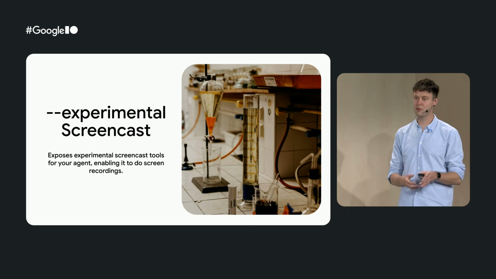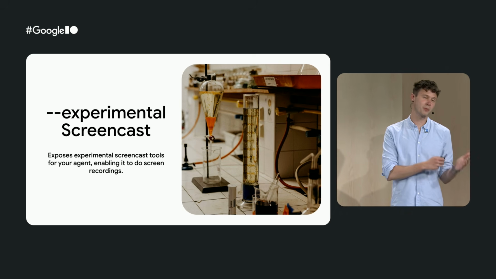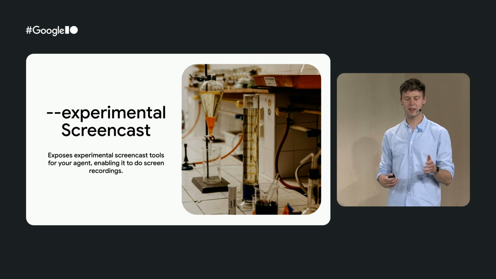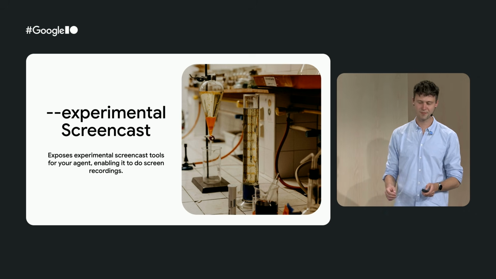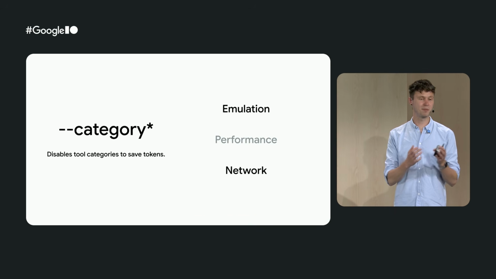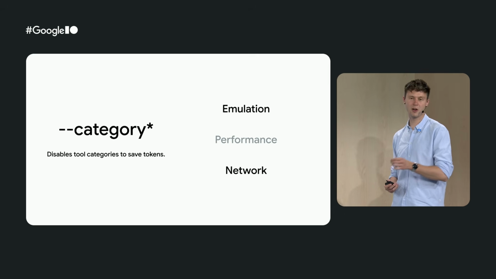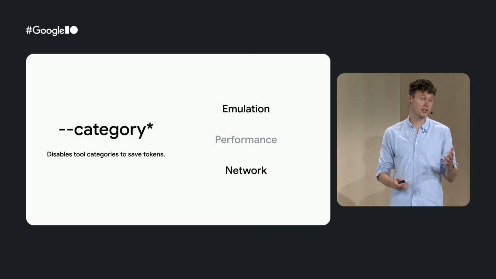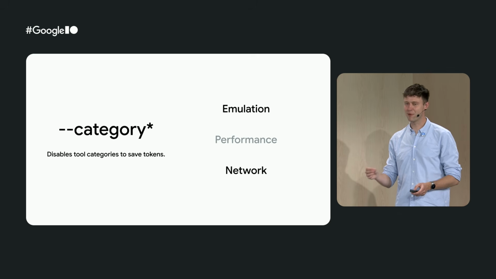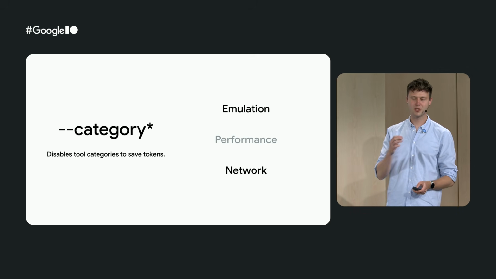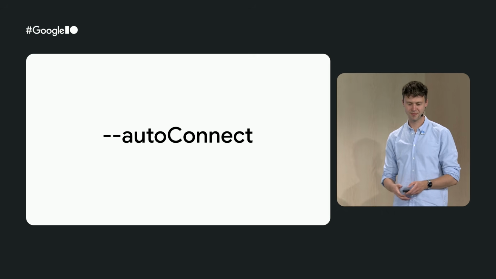Or you can use the configuration options to enable experimental options you're still working on, like the experimental support for screencasts through experimental screencasts. And for the MCP server user specifically, there are configuration options to turn off certain tool categories to save tokens. But there is one configuration option I want to particularly highlight, which is useful for both users of the CLI and the MCP server.